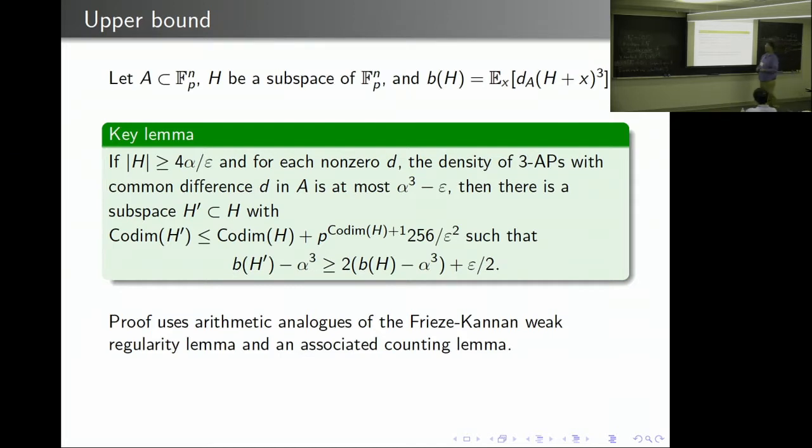We'll get some weakly regular subspace of each of these affine translates. And then you can approximate the 3-term arithmetic progression density using the averaged out version in each of these affine translates. So we're going to count the total number of 3-term arithmetic progressions with common difference in H.